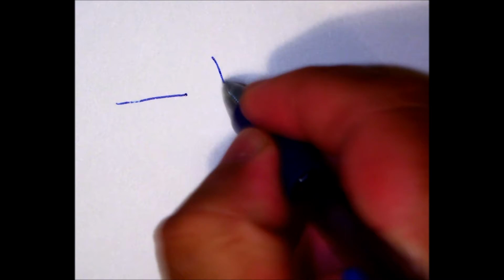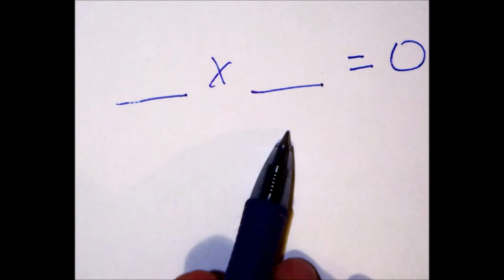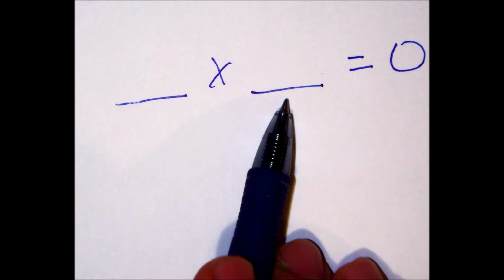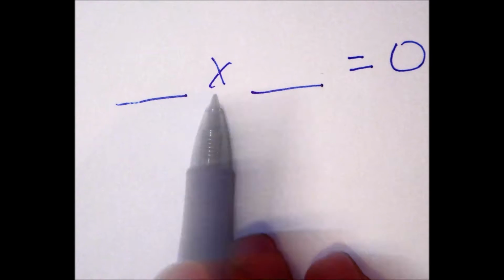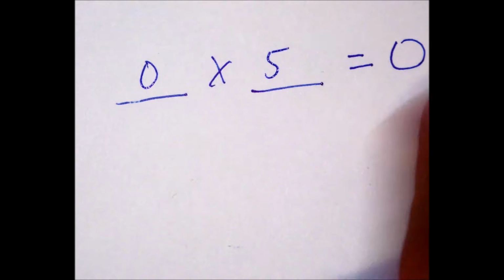If I have something times something else, and I tell you that their product is equal to 0, what do you know about one of these? In order to get a product to equal 0, one of these has to be 0, right? So if this were 0 and this were 5, you know the product is 0.